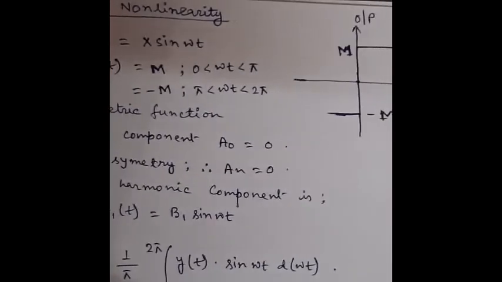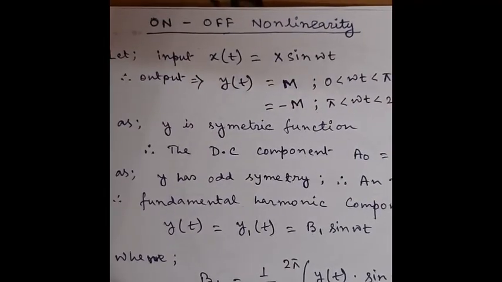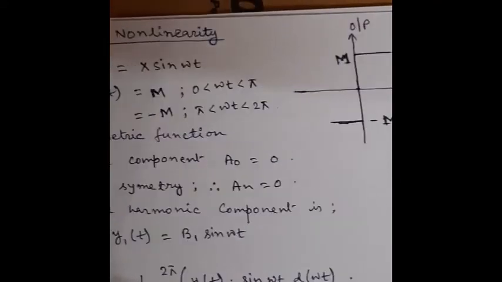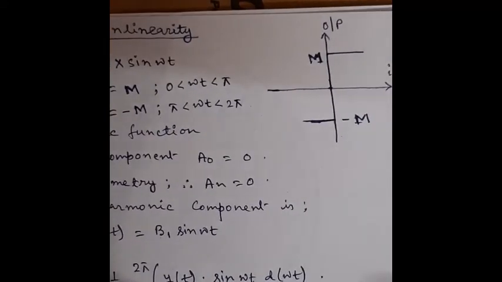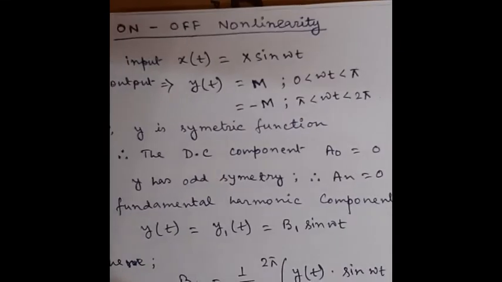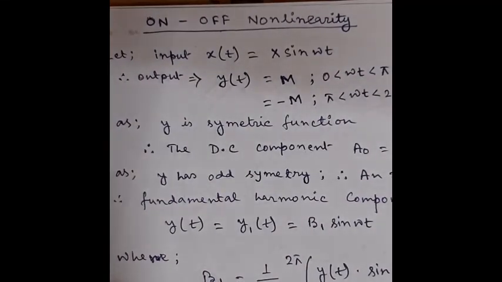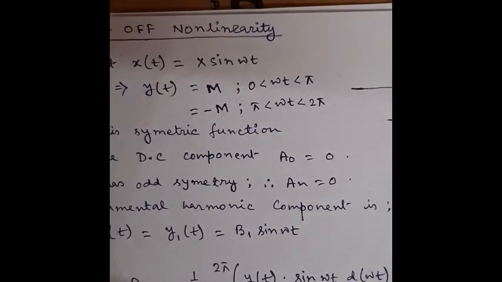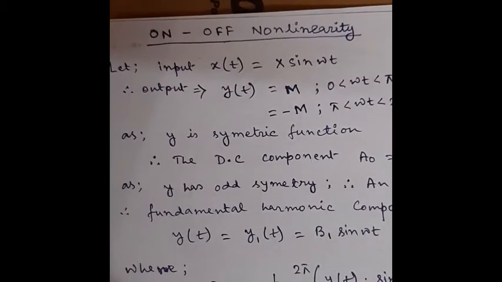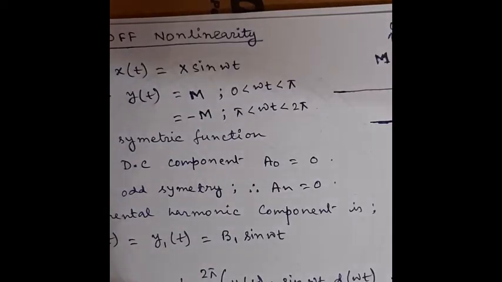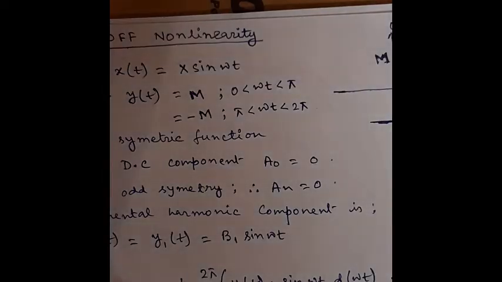As we can see, this is a sinusoidal function, and according to that we get some output. That output y is a symmetrical function, so we do not get any DC component. That is why the value of a0 is 0, and we can say that the output function has odd symmetry, so the value of an is also 0.